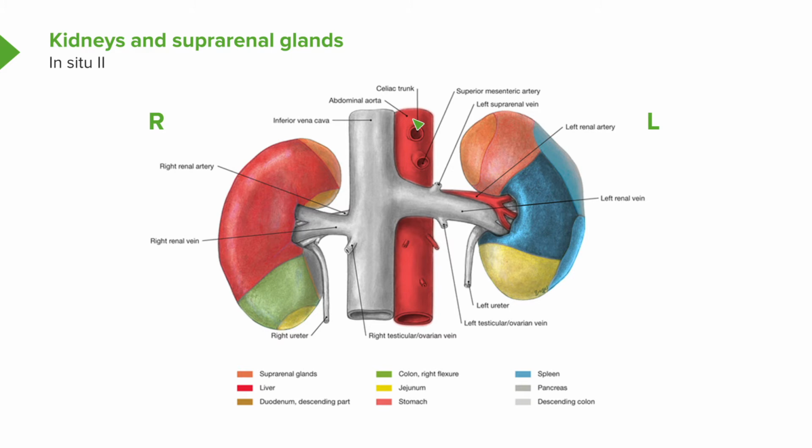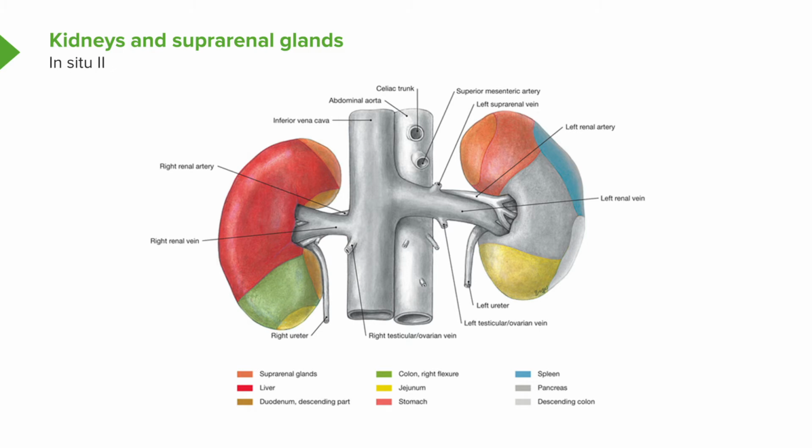It's running in front of the left renal artery, which we can see here. The left renal artery can, in fact, course anterior to it, right at the hilum of the kidney, which we can see here. So we can see this nice blood supply, and these blood vessels come off at around about L1, L2-ish region, where the renal arteries and the renal veins pass to and from the kidney.